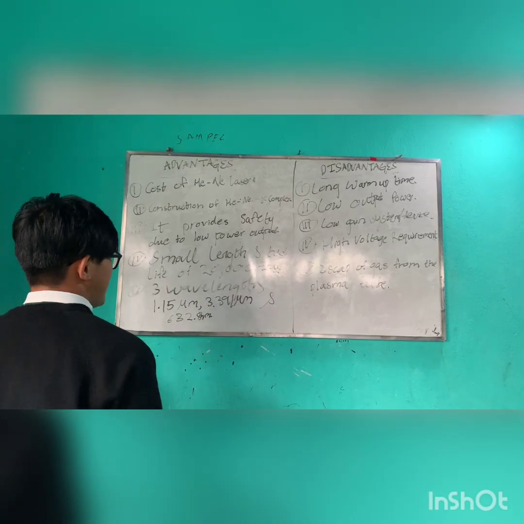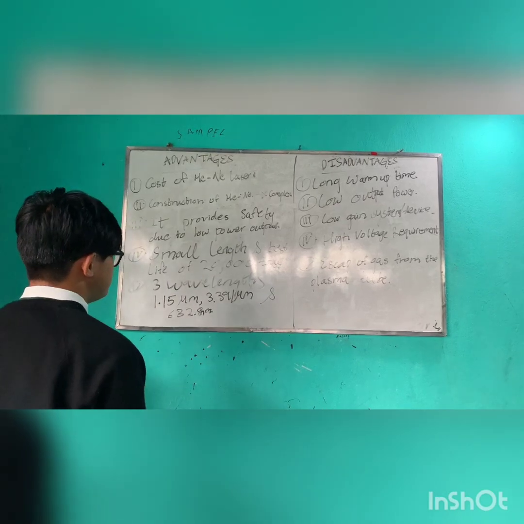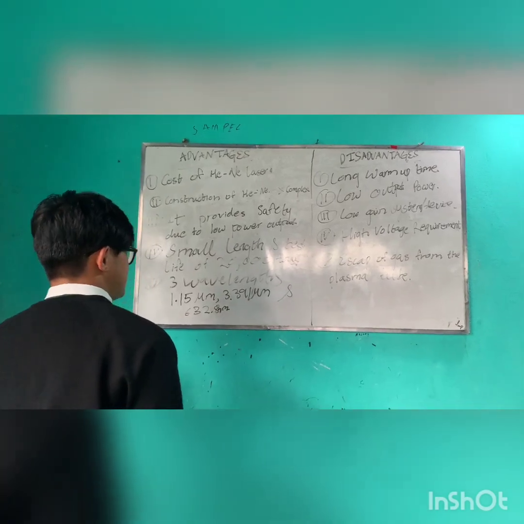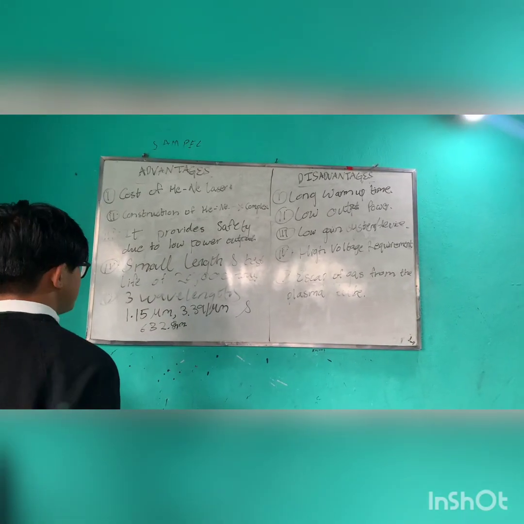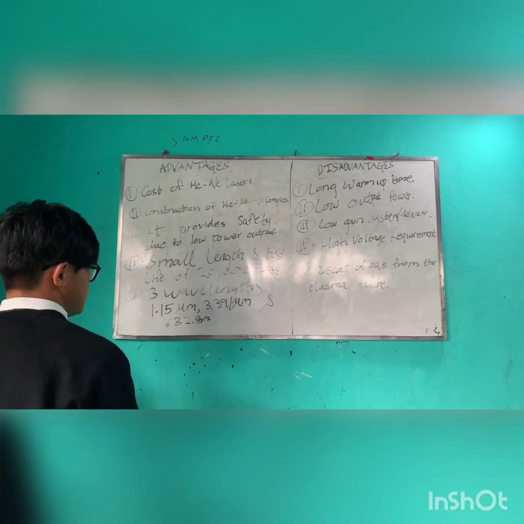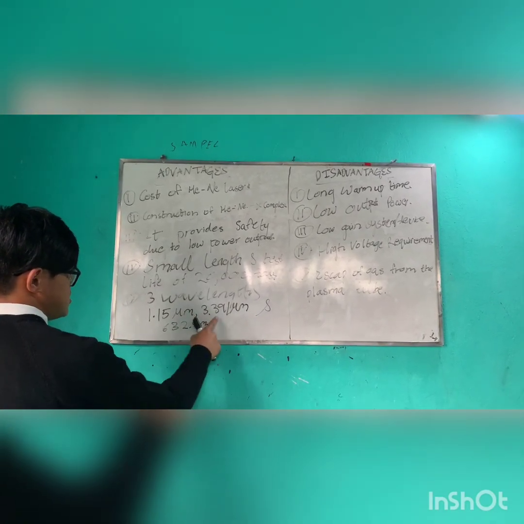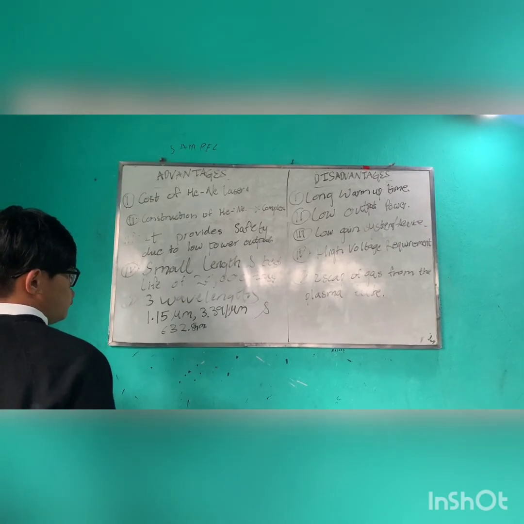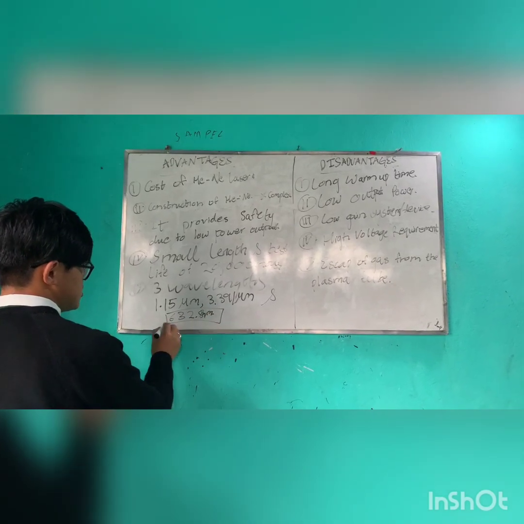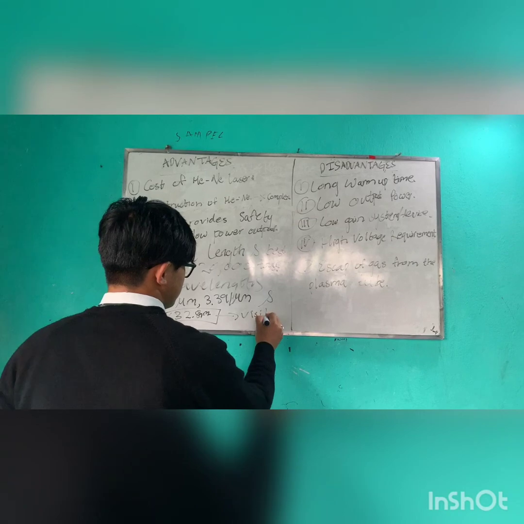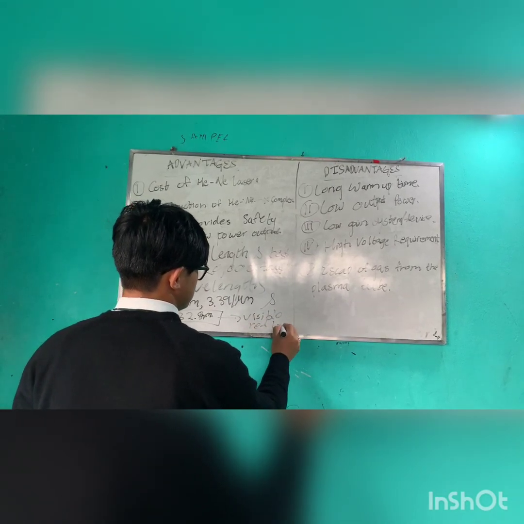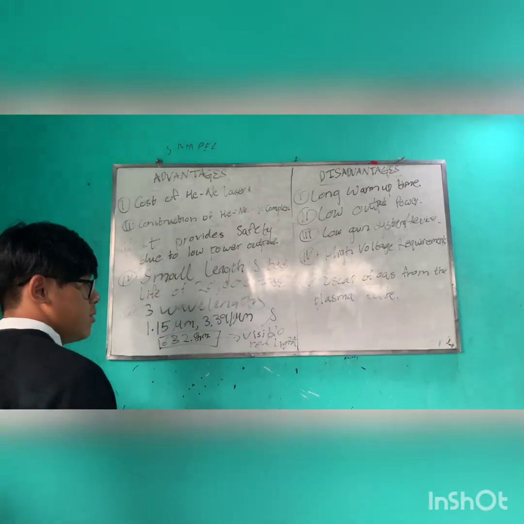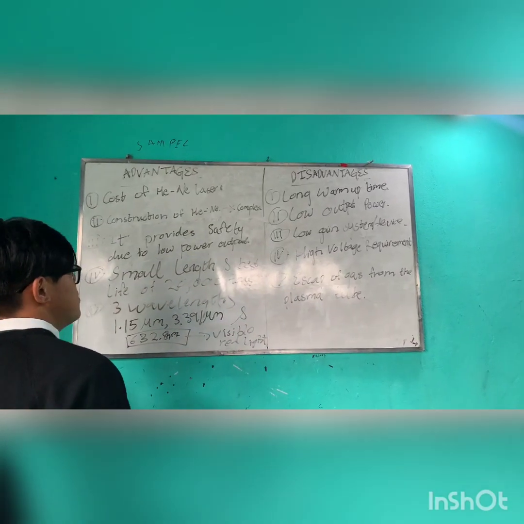It is of small length, and the best life a helium neon laser can give is about 20,000 hours. It produces three wavelengths: 1.15 micrometer, 3.39 micrometer, and 632.8 nanometer. The 632 nanometer wavelength gives a visible red light, which has many uses, for example in emergency places and many other purposes.